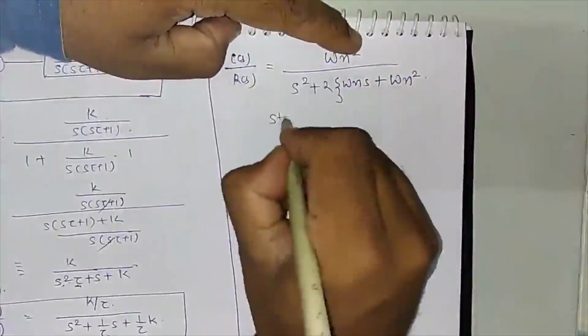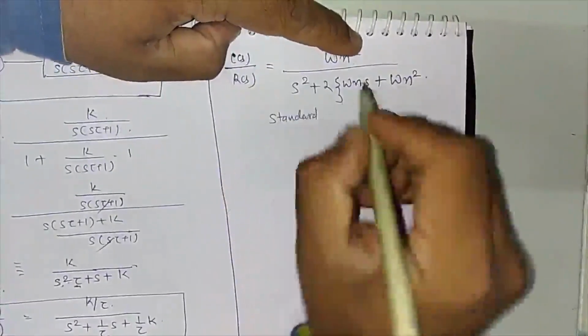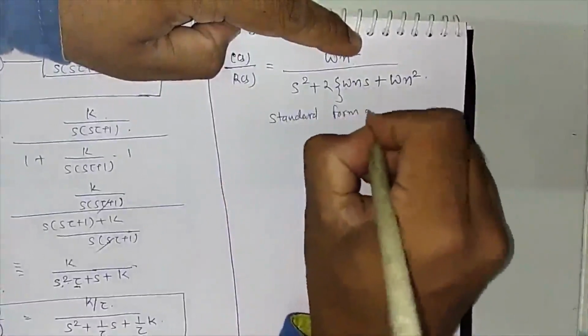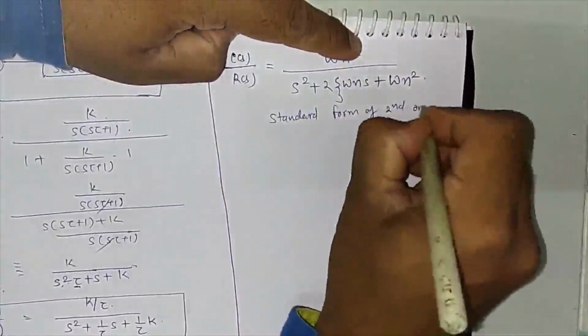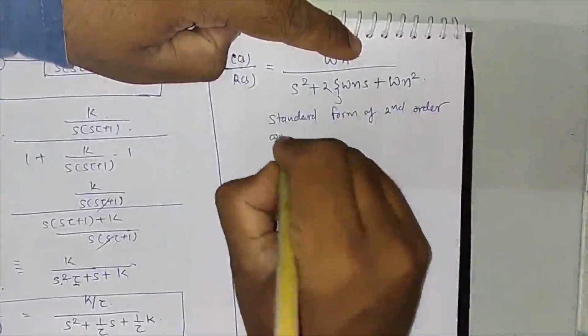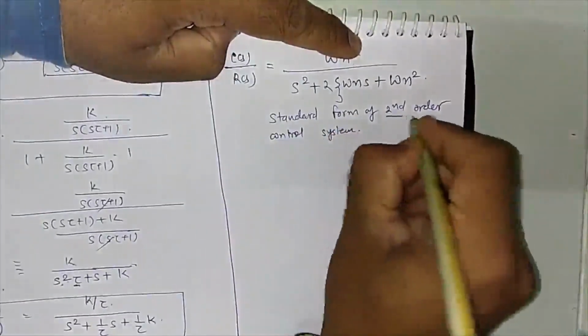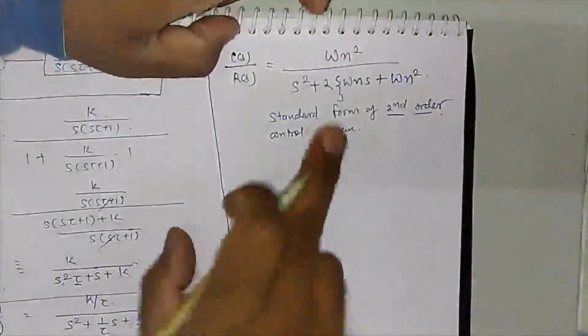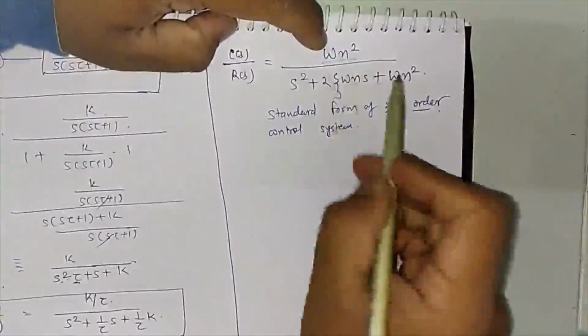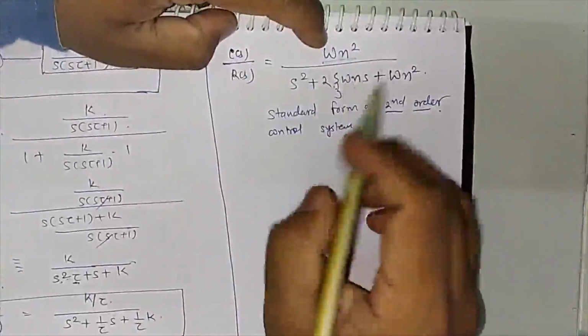Okay, what is this? It is the standard form of the second order control system. Now we need to find out what is omega n and what is zeta, because these two terms are new.